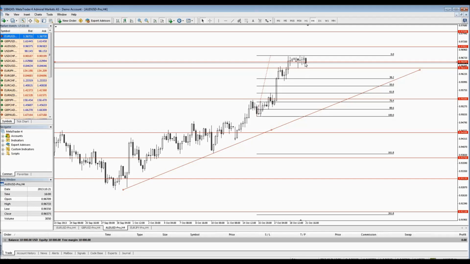Okay, so we want to see it down there to buy it. So try to exploit this uptrend. This has more potential to go up.